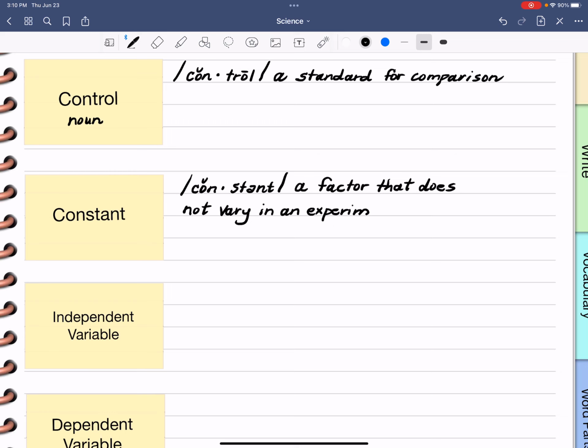It doesn't change. It stays the same. It stays constant. And sometimes constant is an adjective. If it's telling what kind, like a constant rain, that would be an adjective. But in this case, it's used as a noun.